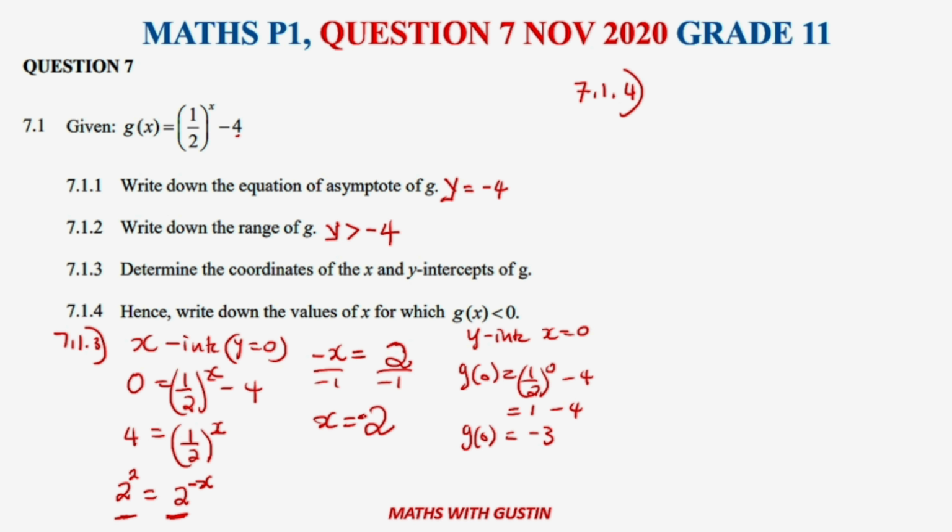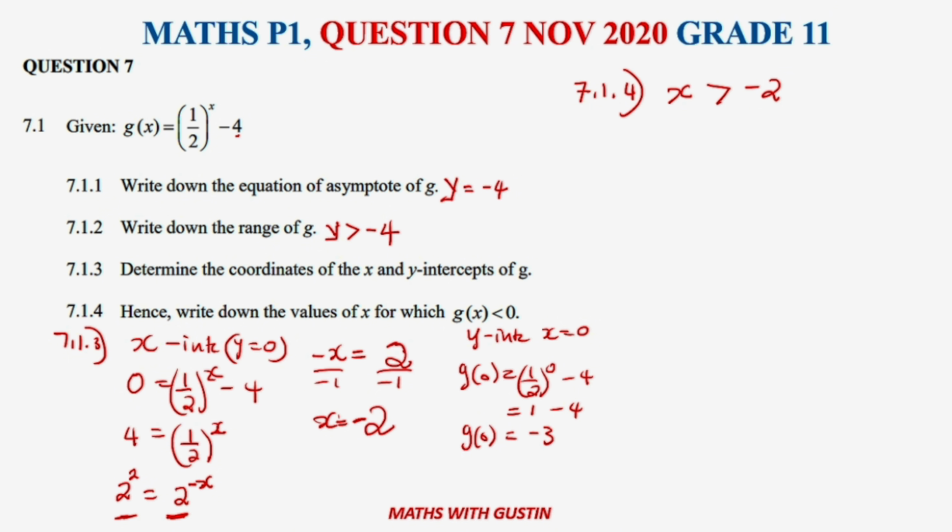Thank you very much, Nolu Tando, for pointing it out. Here we divided by -1, so we should have a -2 there. So the x values for which the graph is less than 0 is when x is greater than -2. That's how you would deal with a question like this one.